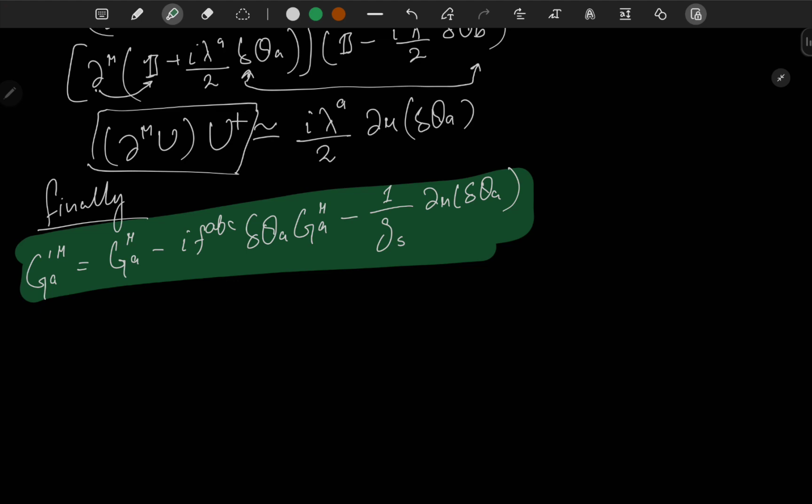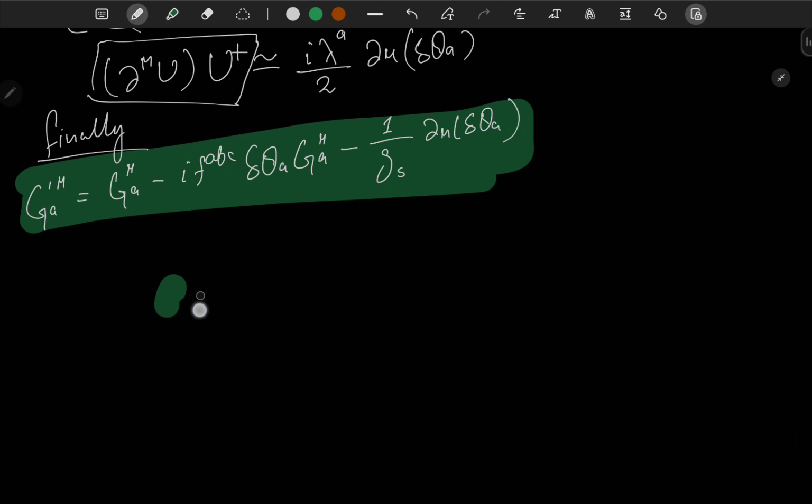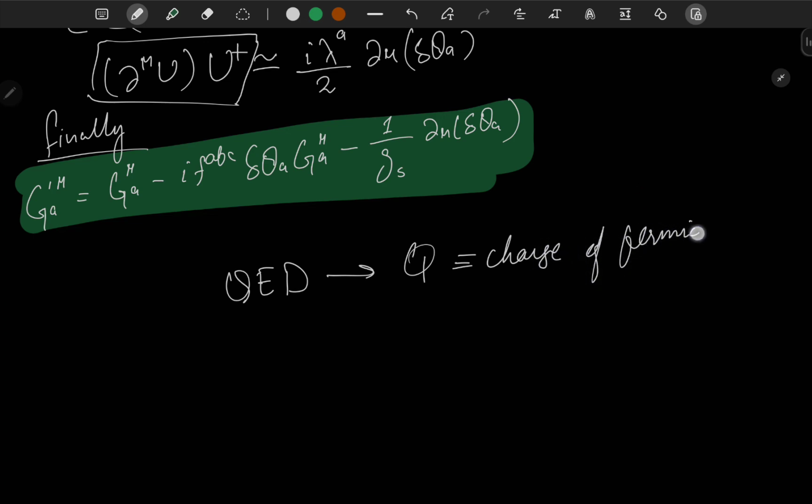Another thing is that in case of QED there was a Q parameter which was characterizing the charge of fermionic field, but in QCD case we have not yet introduced anything like that of Q. Actually, the non-abelian nature of QCD is not fixing the charge, so we can have any value for the charge.